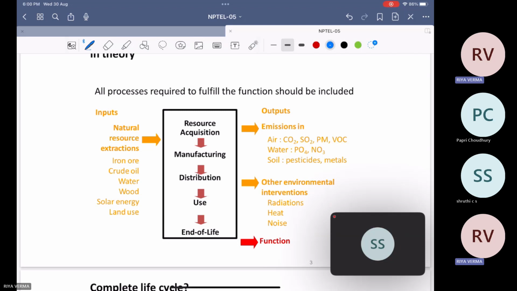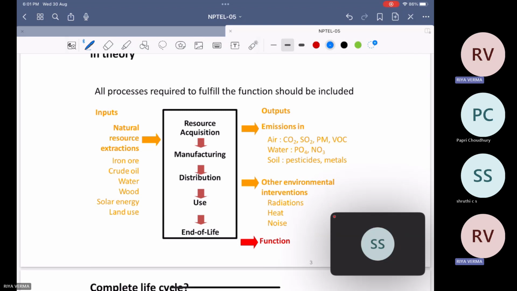For example, during the natural resource extraction or the resource acquisition phase, the inputs can be iron ore, crude oil, water, wood, solar energy, or the land use. And the outputs of this phase can be the emissions in the air, water, and the soil. The air emissions would include carbon dioxide, sulfur dioxide, particulate matter, and VOCs.